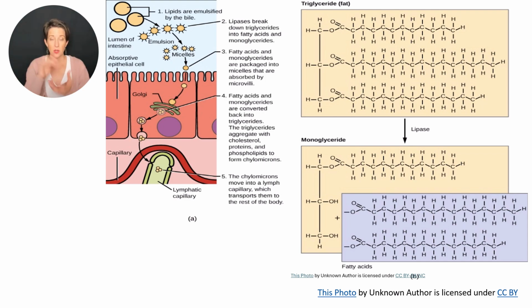So we have the bile salts creating smaller and smaller globules of these lipids. In step 2, our enzymes, or those lipases, are going to break the triglycerides down into our fatty acids.